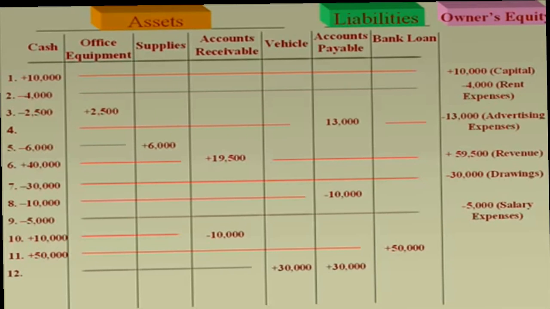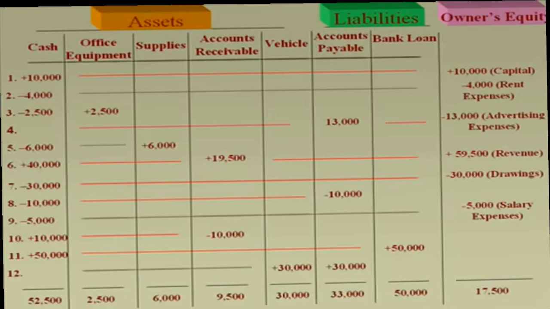How do you know you got everything correct? You have to add up each column. It should look like this. Check for yourself. Do you remember the famous accounting equation? Assets equals liabilities plus owner's equity. If you add up all the asset columns, what does it come to? It should come to 100,500.